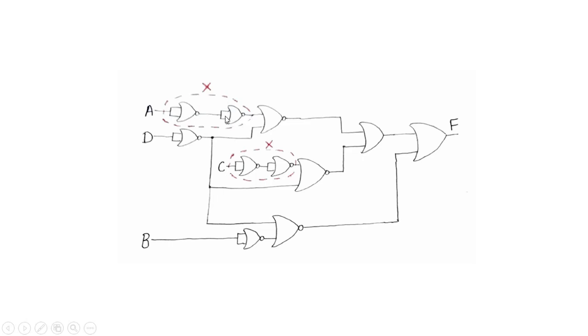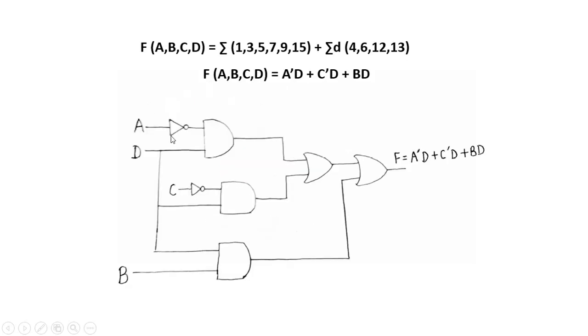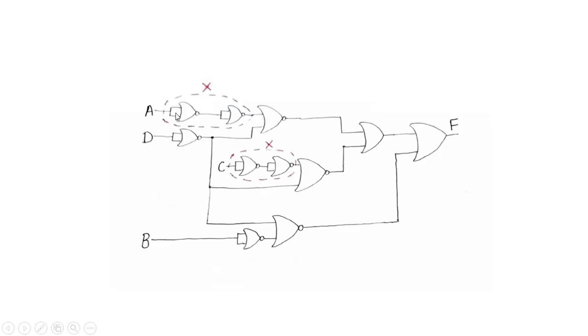We can replace the AND gate with a NOR gate with both its inputs inverted. So these three gates can form an AND gate. This AND gate and this inverter we have used here.